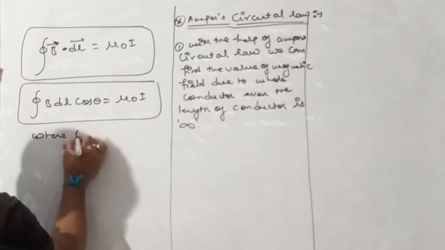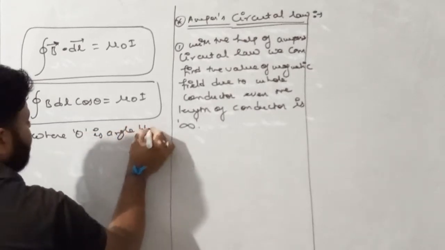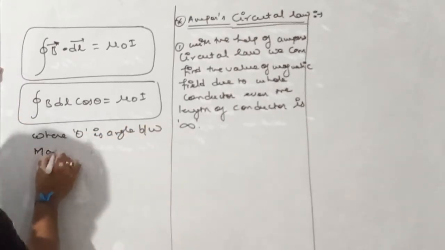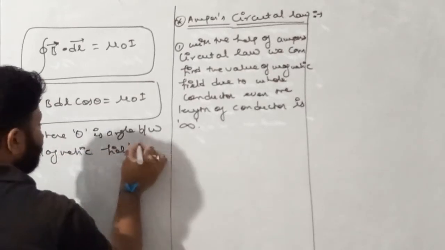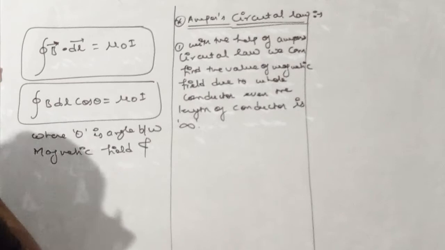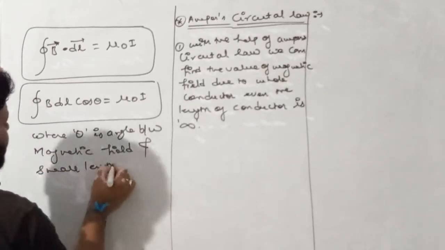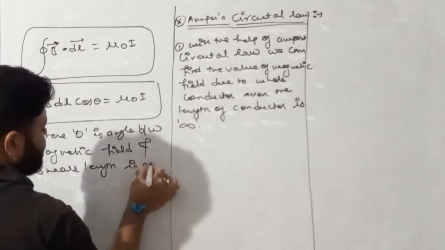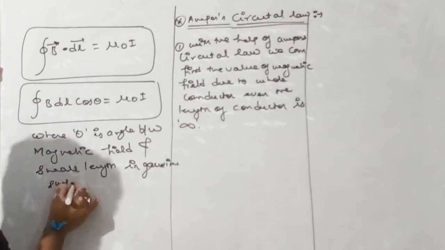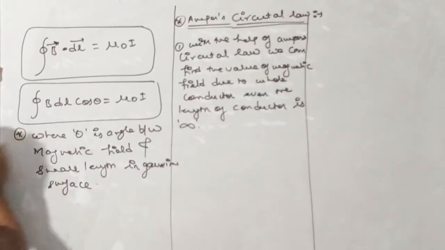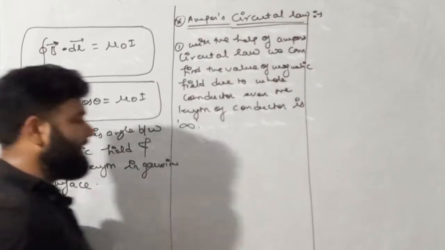Where theta is the angle between the magnetic field and the small length element on the Gaussian surface.